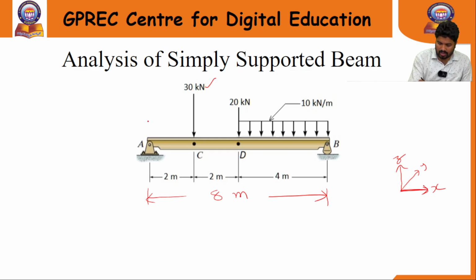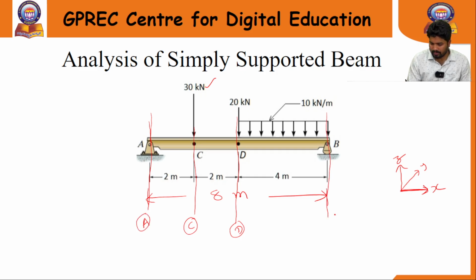Here I am considering one grid at support A. So this is my grid A, and this is grid C, this is grid D, and this is grid B. Along the x-axis we are considering 4 grids, and in the y direction only one grid, that is this one.